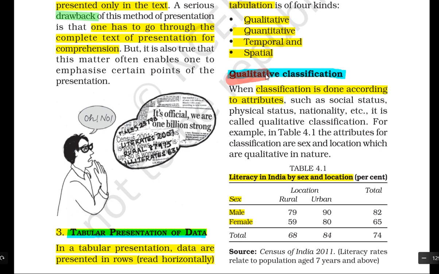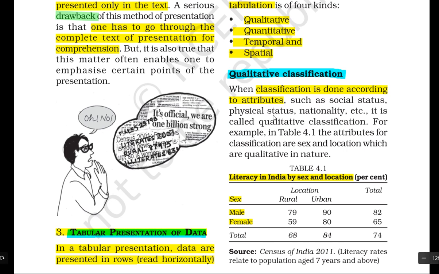In qualitative classification, as its name suggests, we classify attributes or characteristics or quality of anything. These qualities and attributes are the qualitative data.